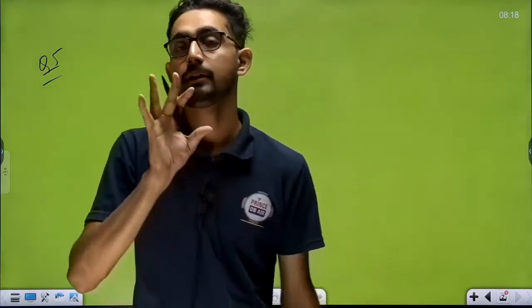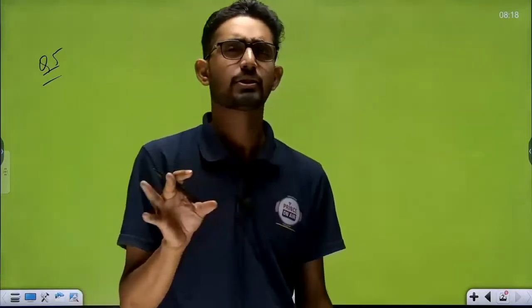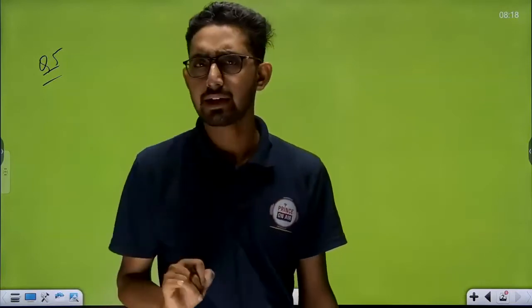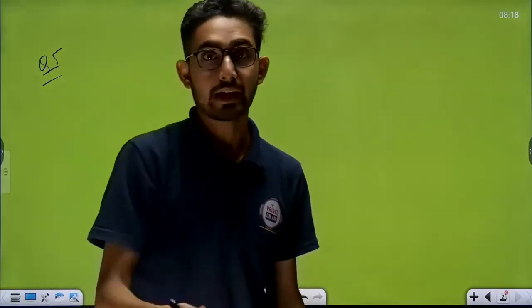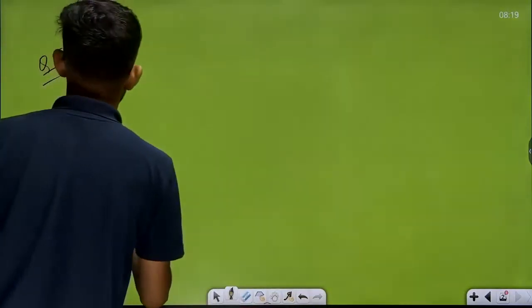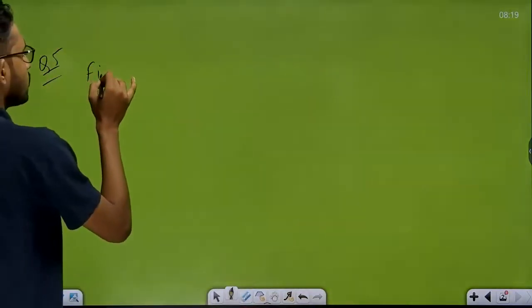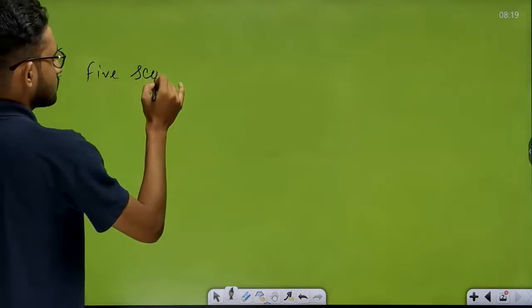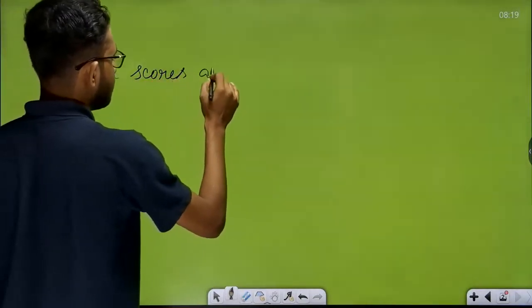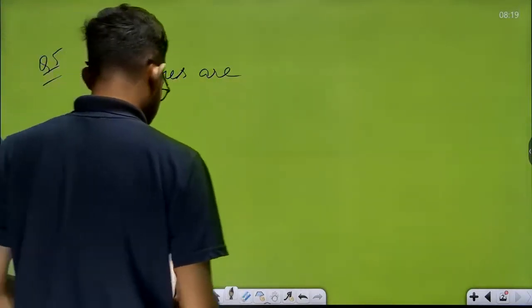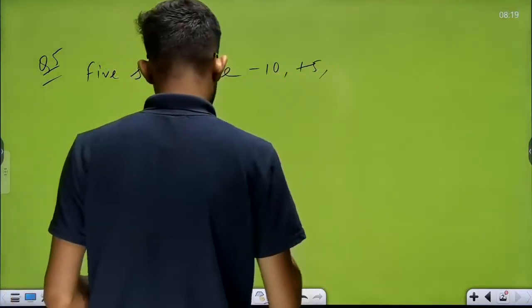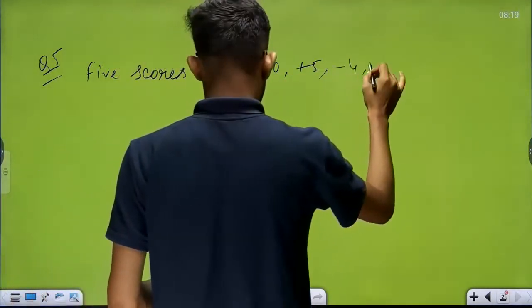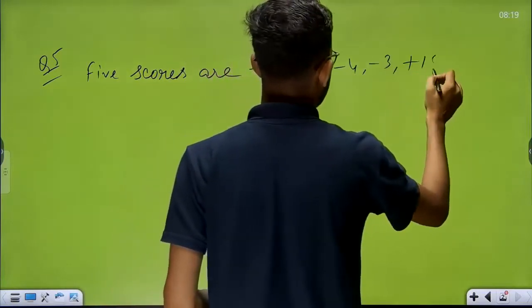Five rounds have happened, and the scores are given, so I am writing them here: -10, +5, -4, -3 and +15.